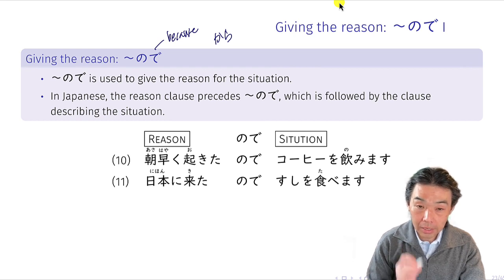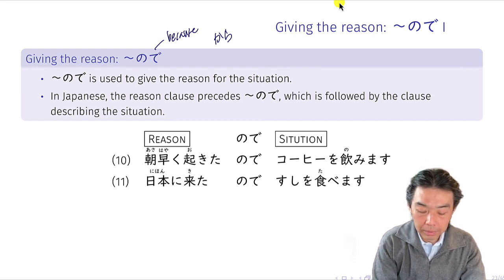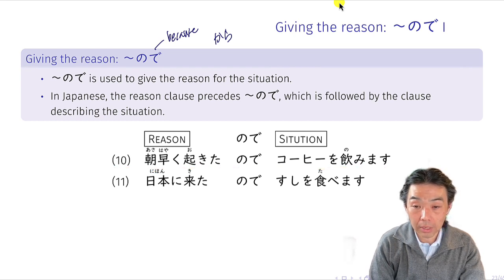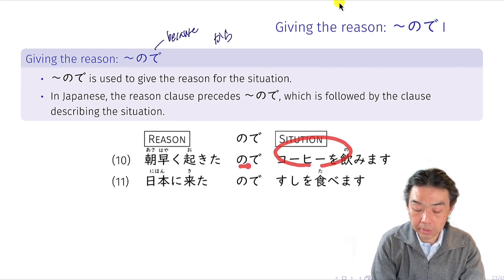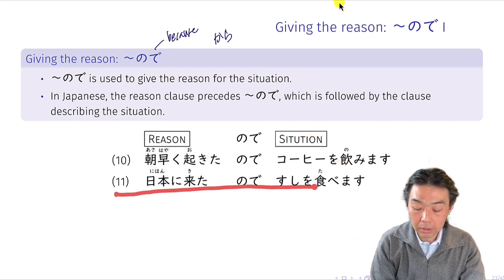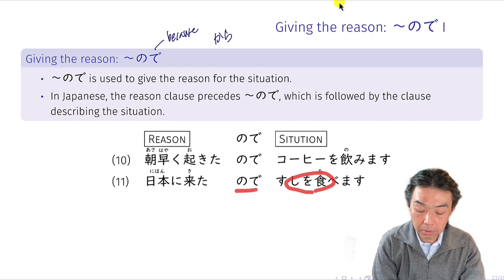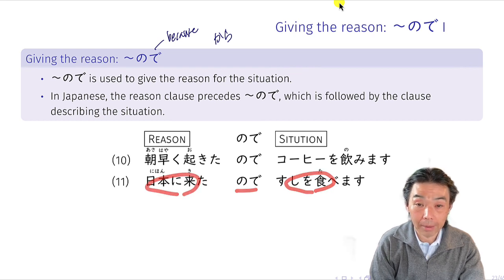Okay, so let's take a look at the example. 朝早く起きたのでコーヒーを飲みます。I drink coffee because I woke up early in the morning. 日本に来たので寿司を食べます。I eat sushi because I came to Japan.